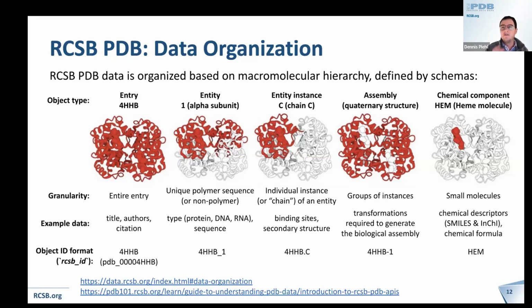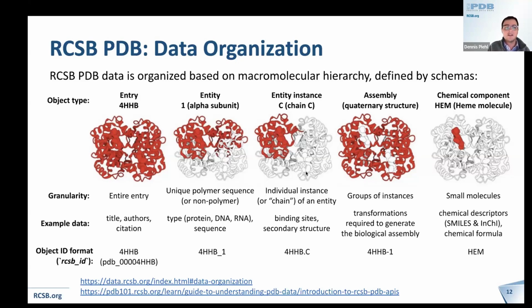So for example, you could have two chains of the same sequence, which would be two instances of the same entity. Biologically relevant groups of instances are called assemblies, and then the chemical components in a structure are the small molecules.